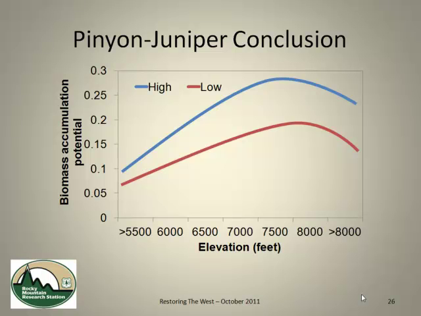But it appears as if they did so, the peak of that potential was a little bit lower in elevation than the low-quality sites. So this is something that needs to be explored further since we don't have a strong grasp of site quality in Pinyon-Juniper. This is something that begs further explanation.